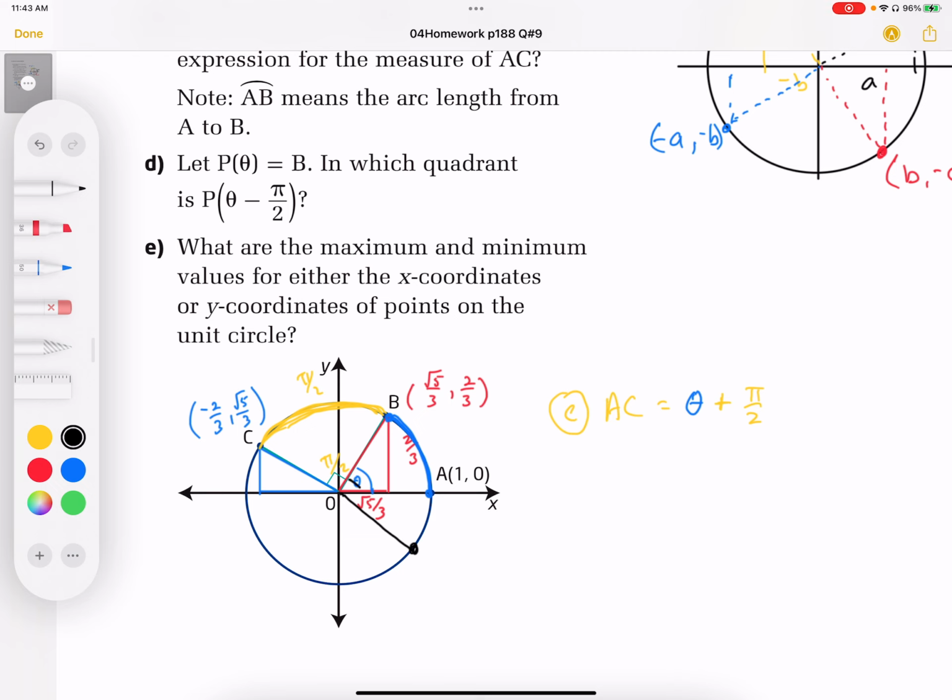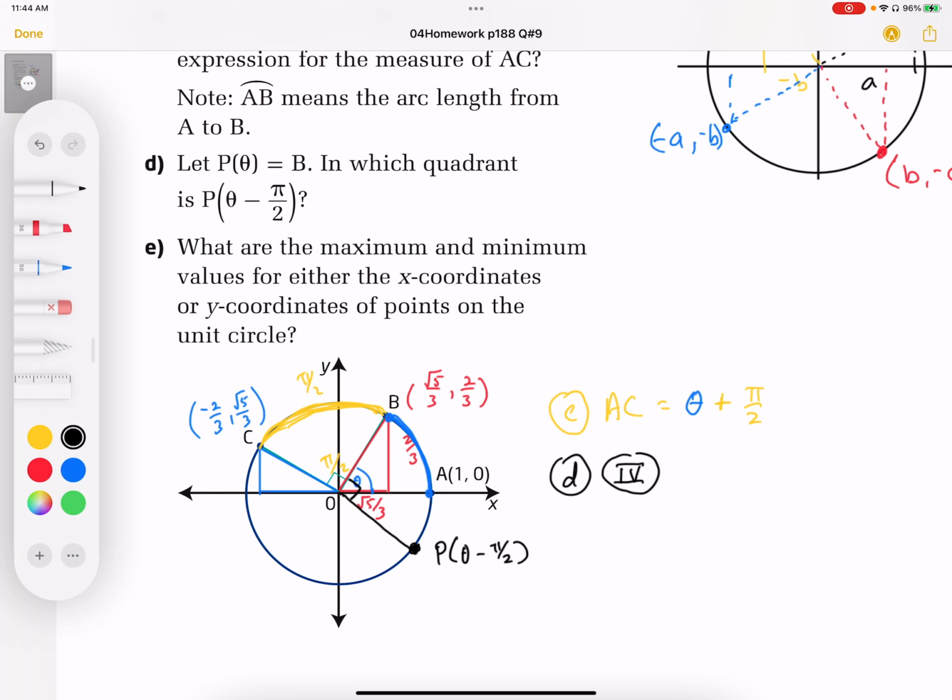So there's my 90 degrees here, backwards. It's going to be here. So this is my P of theta minus pi over 2. That's going to be in quadrant 4, is where we're going to locate that position when we go backwards 90 degrees.